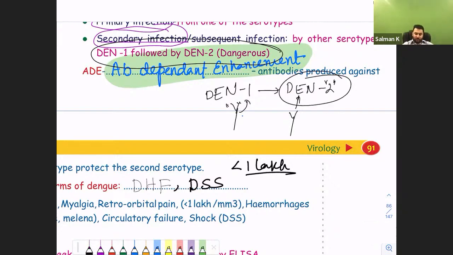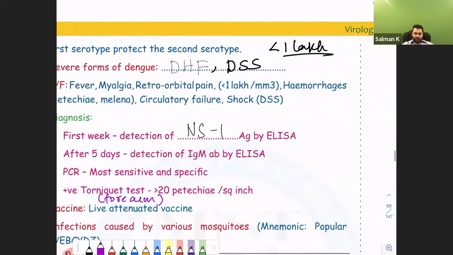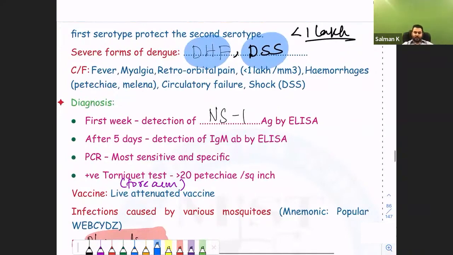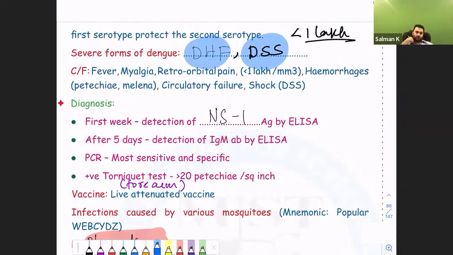Our own antibodies, instead of fighting infection, are actually protecting this virus. Because they are protecting the virus, what ends up happening, doctors, is a serious disorder, that is DHF and DSS, dengue hemorrhagic fever and dengue shock syndrome. Okay, this is the thing that you need to know here.